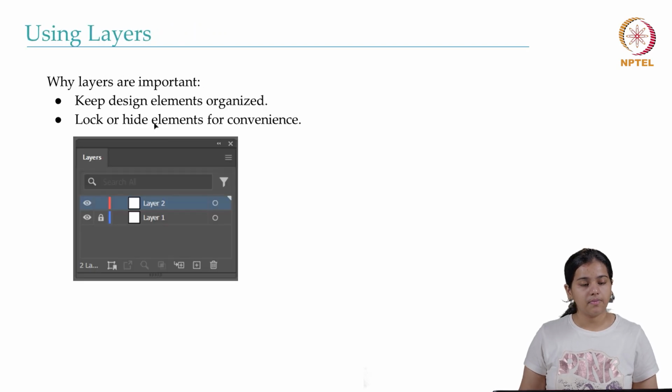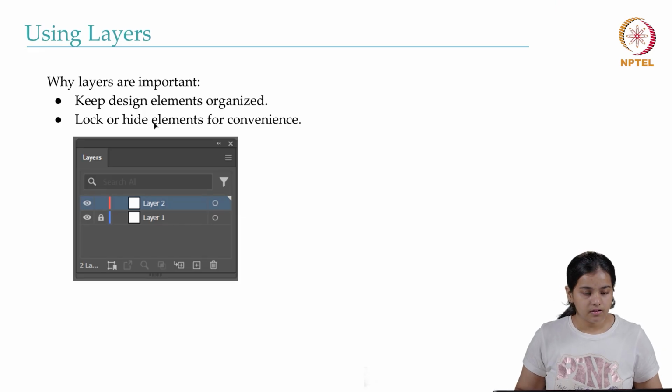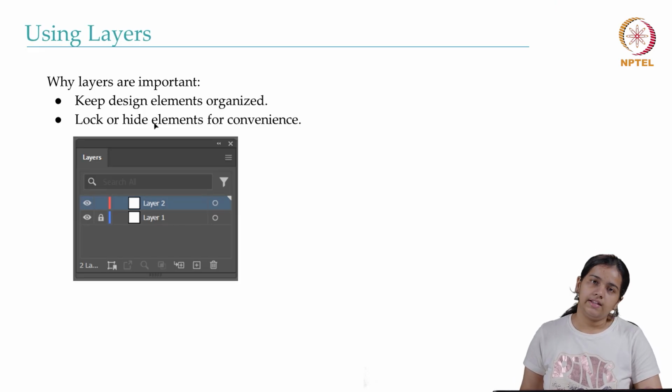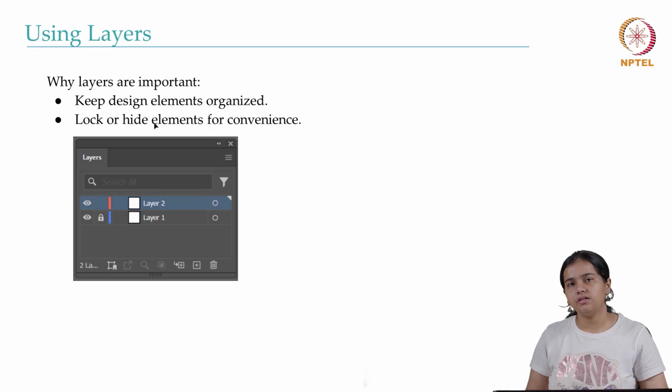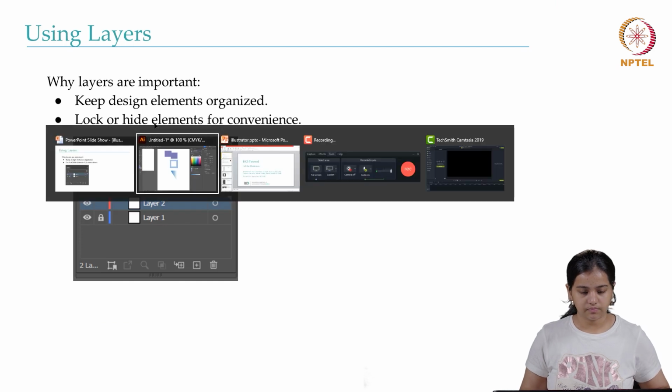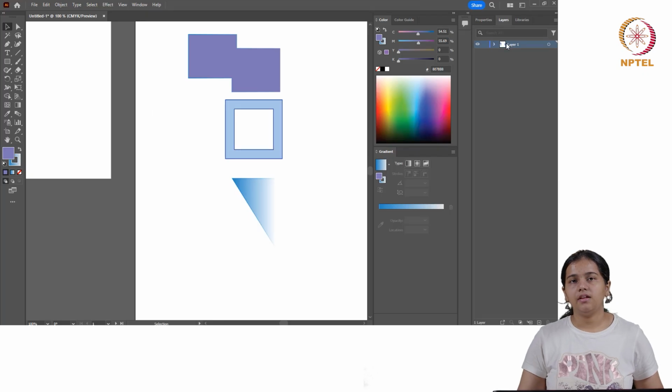Moving on, now we will learn how to use layers. With layers, we can keep our design elements organized and it is very convenient to lock and hide. To add a new layer, you can simply press this button, create new layer.